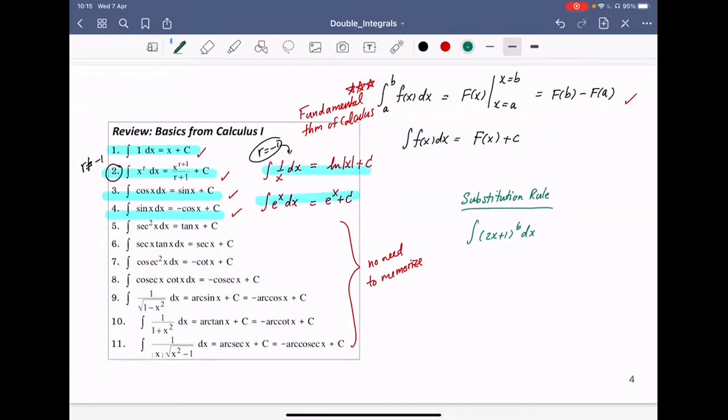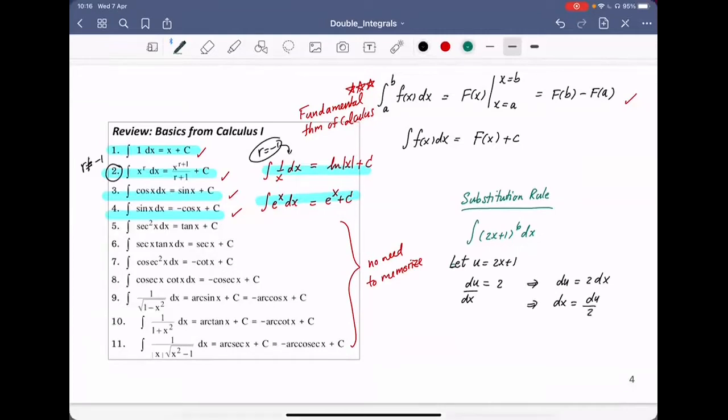For those of you who know that you are weak in integration, you should start by letting u equal 2x plus 1, a change of variable, and then you get du equal to 2 dx. This comes from du by dx equal to 2, right? That's similar to du equal to 2 dx, which means you can replace dx by du over 2.